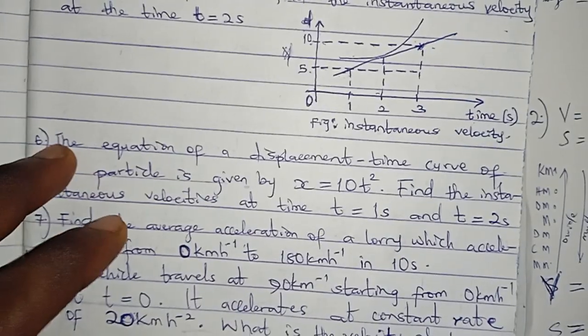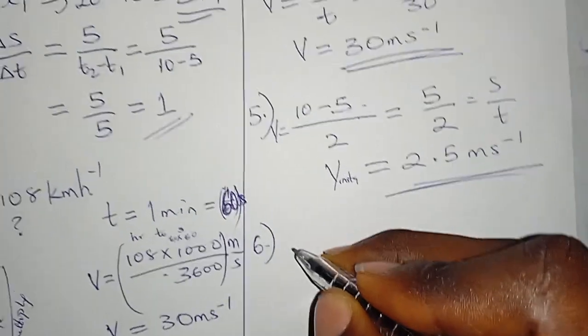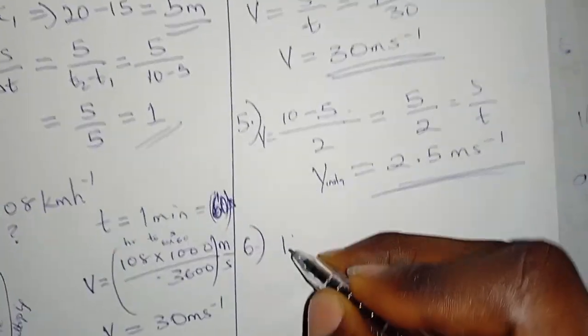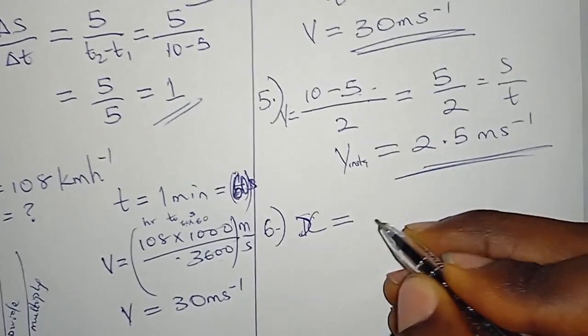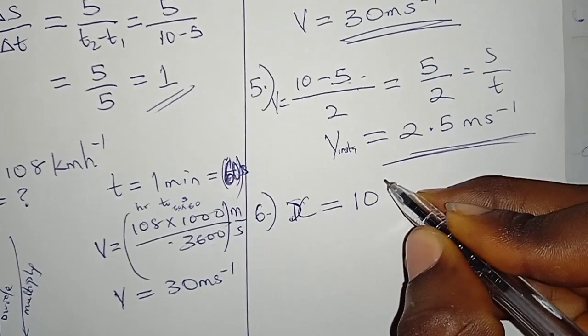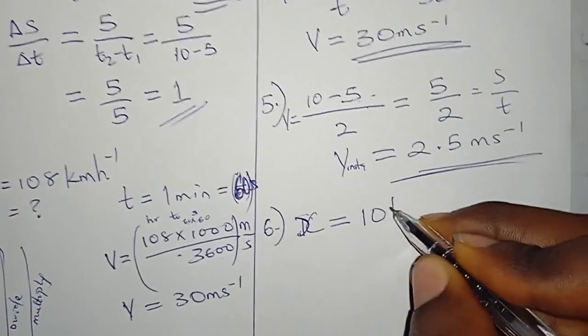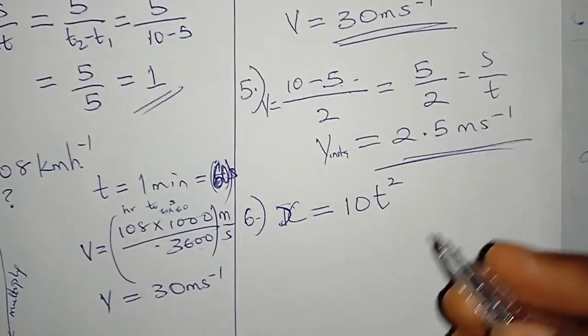That's question 6. So let's go. All I need to do is remember that they gave me x, and x means position. Since there's an equation of a displacement, I can say that x here means displacement, 10t squared, and I'm to find instantaneous velocity.